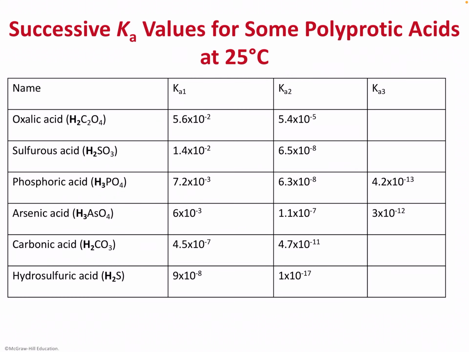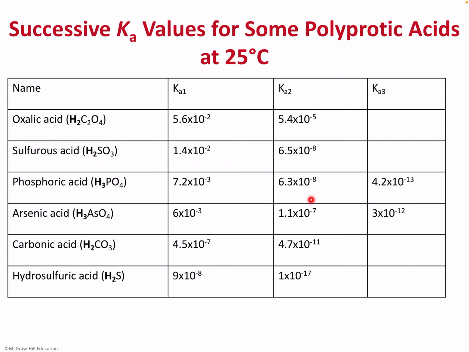And these are some Ka values for some polyprotic acids. Oxalic acid has 2 ionizable hydrogens, and always Ka1 is greater than Ka2. Sulfurous acid, H2SO3, not sulfuric acid. Sulfuric acid is a strong acid. Again, there are 2 ionizable protons, so these are the 2 acid strengths.